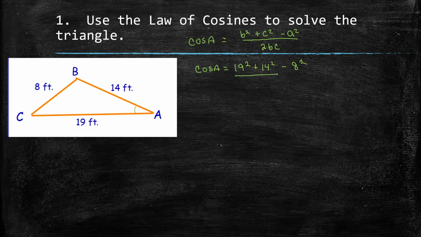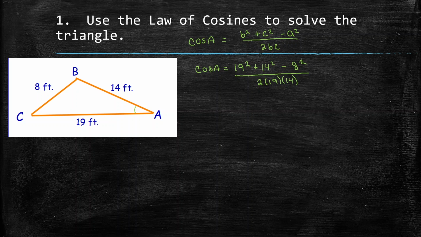All of that over 2 times 19 times 14. Now, keep in mind that cosine, if the angle is greater than 90 degrees, is going to have a negative value. And so if you end up with a negative cosine A equals some negative value, don't panic. That is okay. In this case, I'm not going to, but it is all right.